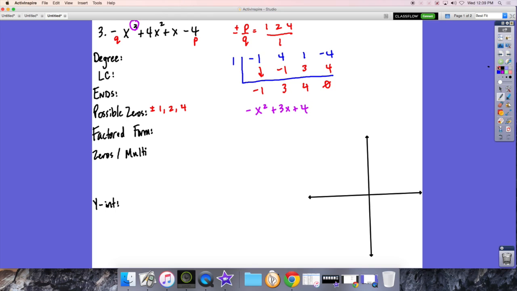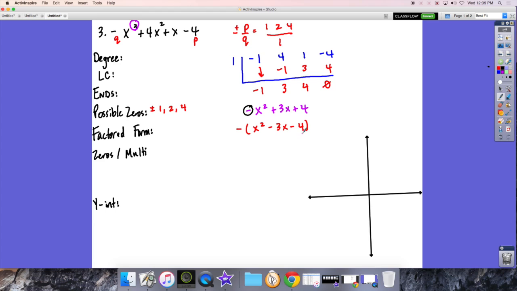Now, the problem that we see is this negative. We don't want to have a negative out front. So anytime you have a negative out front, we're going to factor it outside, which means all the signs inside change. So it's very important to note that if you have a negative out front, make sure that you factor it out.